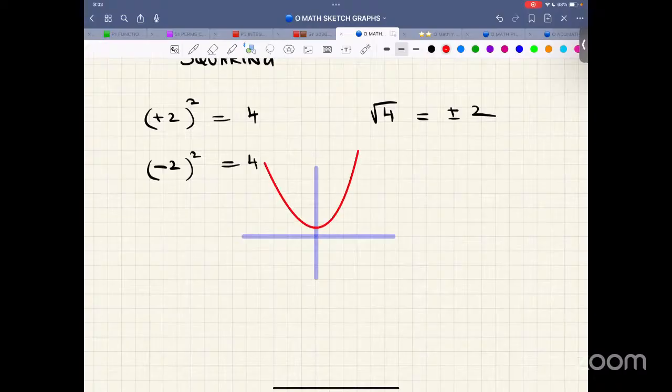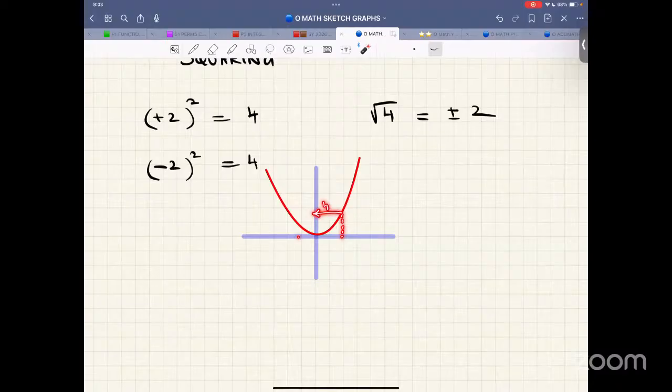The reason why it is like this is that when x is 2, y is 4. When x is negative 2, y is still 4. So over here, let's say this is 4. So 4 was obtained from 2, 4 was obtained from negative 2. Got the idea?